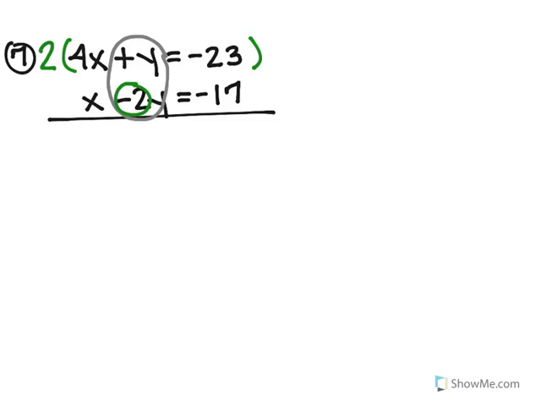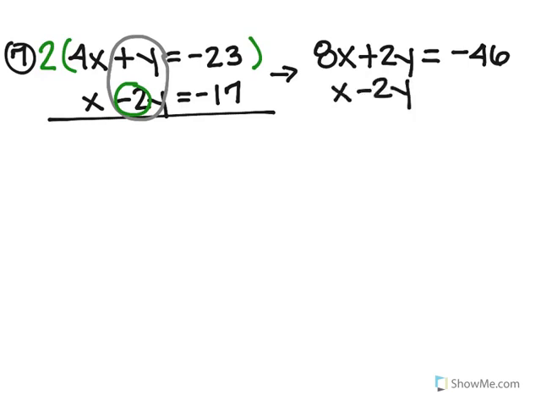So when I do that, my top equation becomes 8x plus 2y equals negative 46. My bottom equation will stay the same.